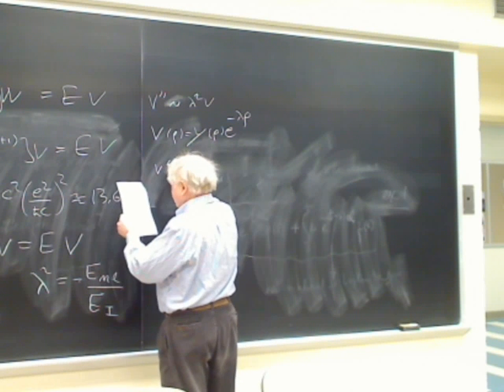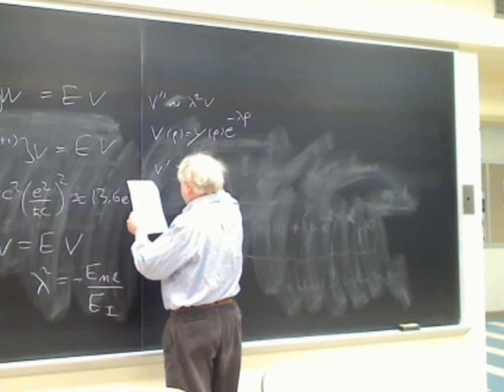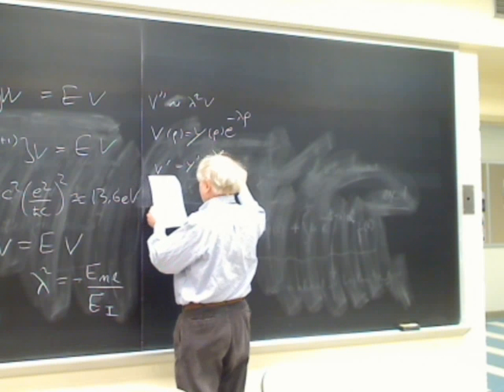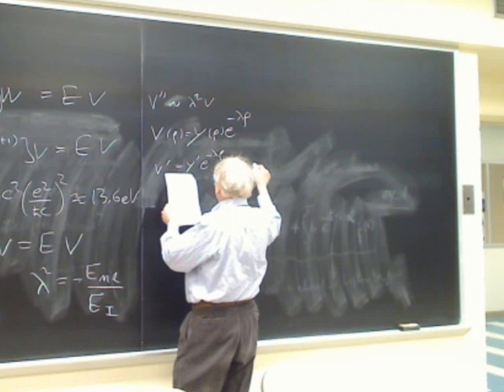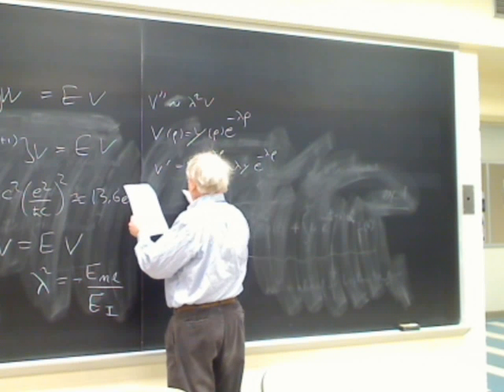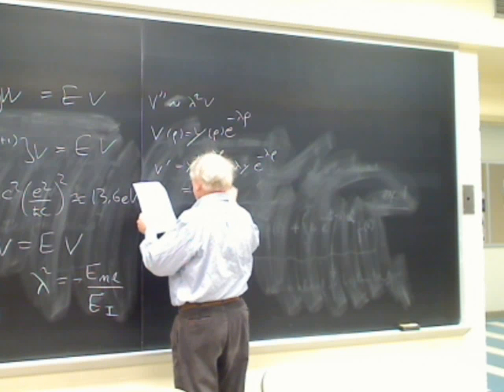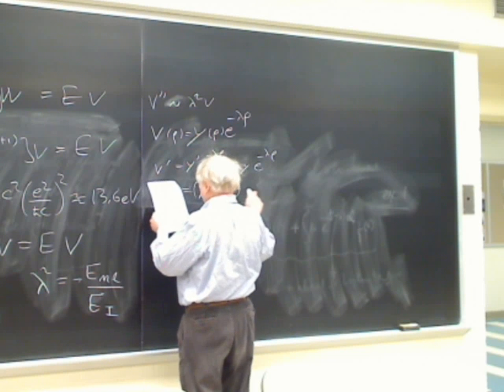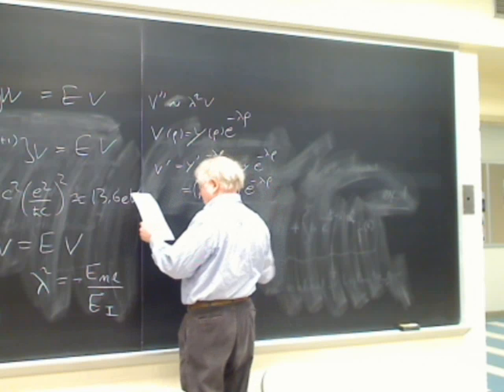And so then you have V prime is y prime e to the minus lambda rho minus lambda y e to the minus lambda rho, and that is y prime minus lambda y, times e to the minus lambda rho.